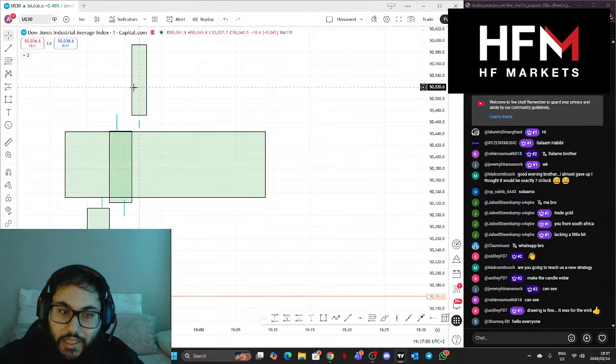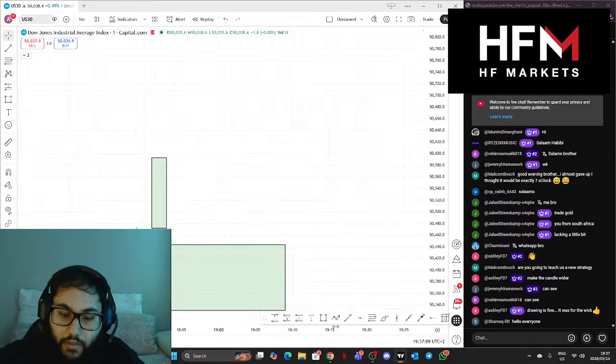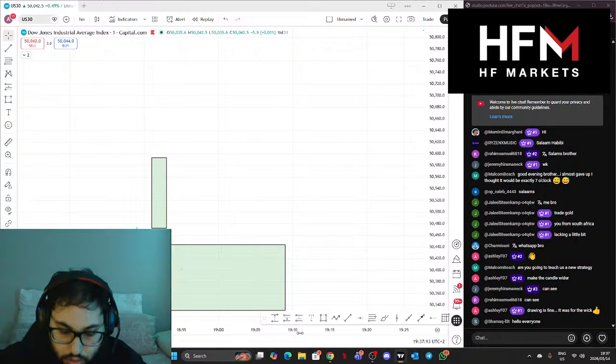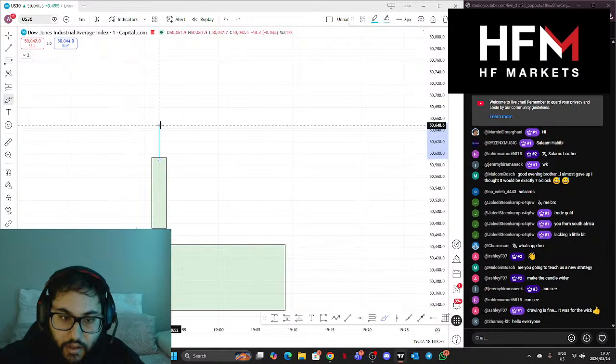It doesn't matter. This can also be red. This can be a red fair value gap. Say there's a red candle right here, and let's say it pushed up like crazy.